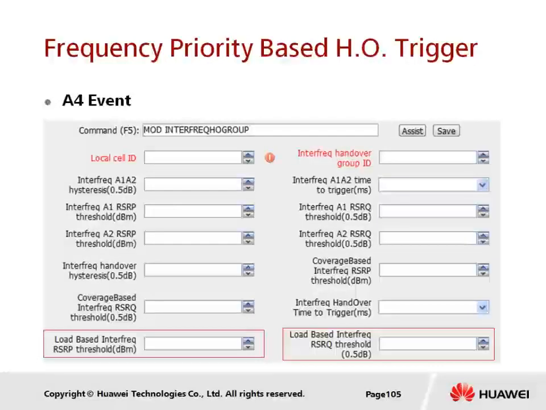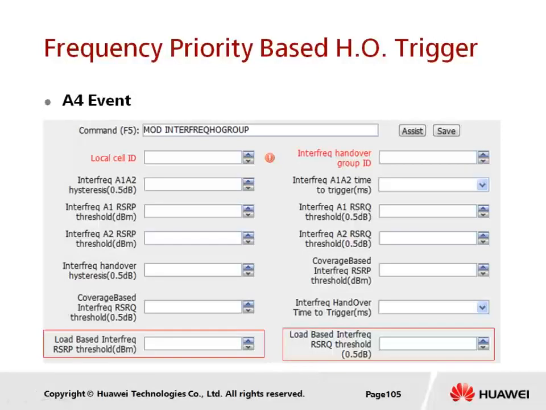When the user has been measuring the other frequency band, the user has to send event A4 to report the signal quality or signal strength of the candidate cell. That is the event A4 formula, where we need to define the event A4 RSRP or RSRQ threshold as indicated by this page.